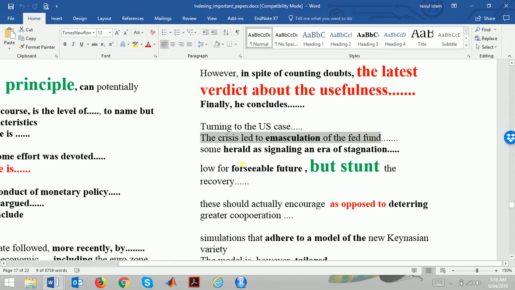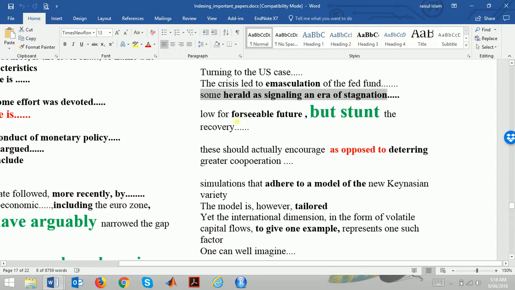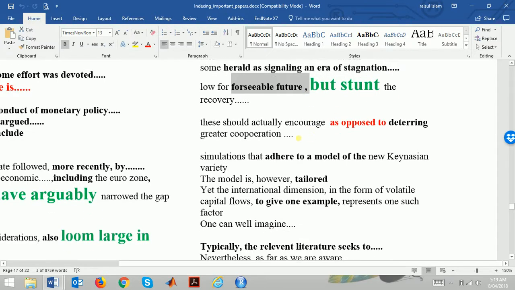Some herald this as signaling an era of stagnation, low for the foreseeable future, but it stunts the recovery. This should actually encourage, as opposed to deterring, greater cooperation.